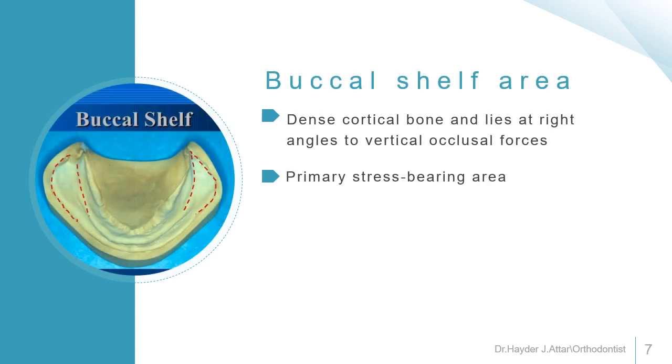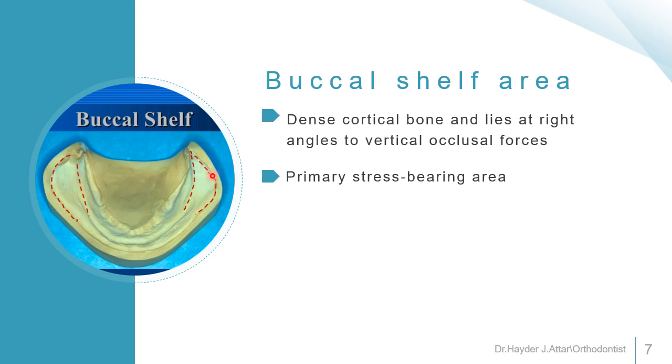The buccal shelf area extends anteriorly from the position of the buccal frenum, and extends posteriorly to the anterior border of the masseter muscle. In addition, medially it's bounded by the crest of the alveolar ridge and laterally by the external oblique ridge.